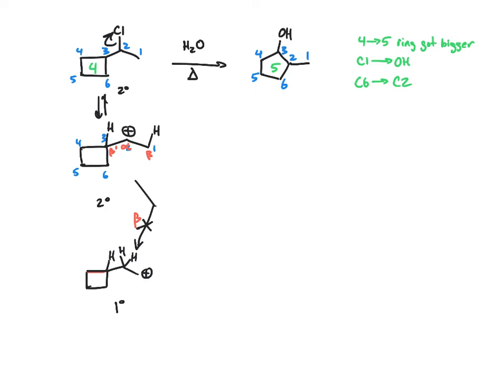So say your other choice is now this beta prime hydrogen is going to migrate over. Which hydrogen is moving? It's this one right here at the beta prime carbon.